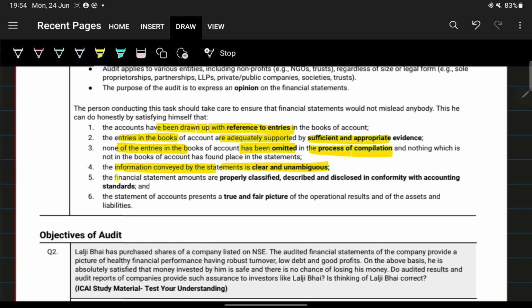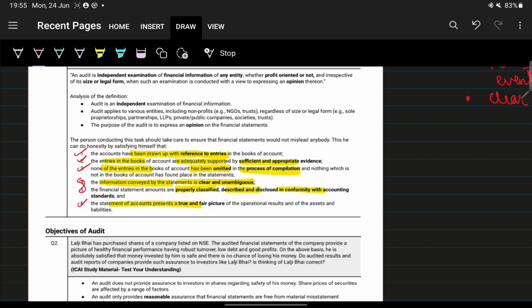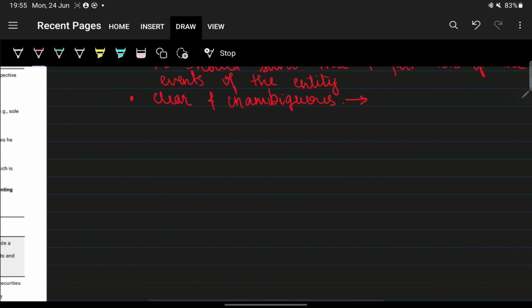Okay, and the financial statement amounts are properly classified, described, and disclosed. And lastly, it should provide a true and fair picture. Okay, so I think we have written this. This also we had written. I think these two I just skipped over, right?